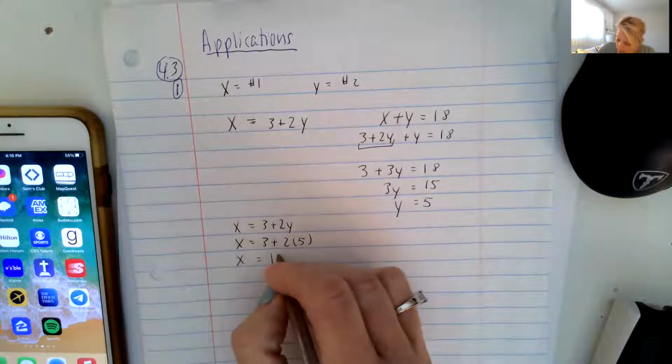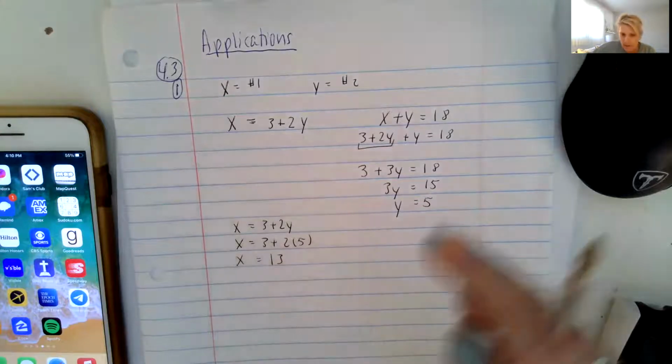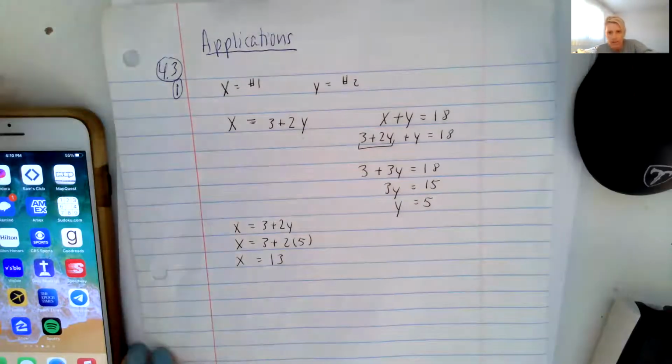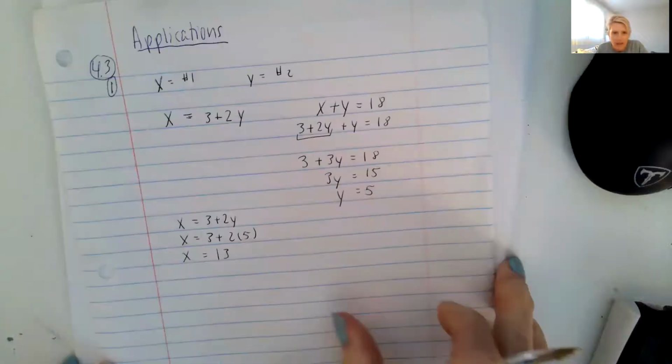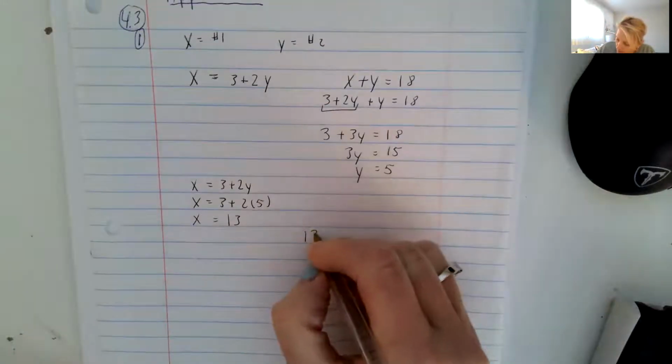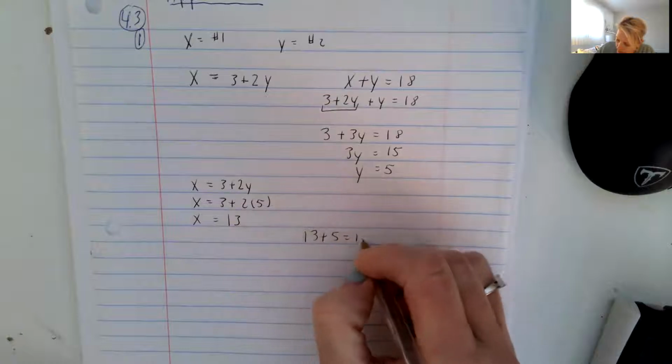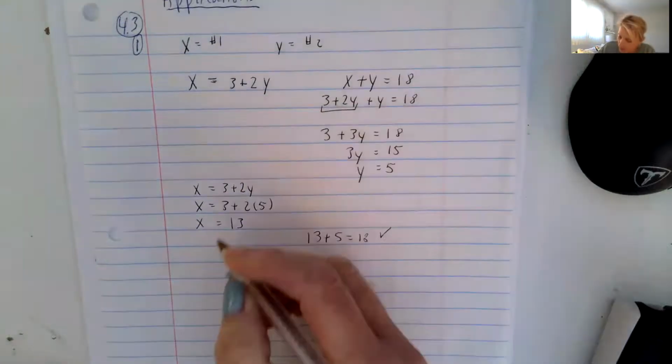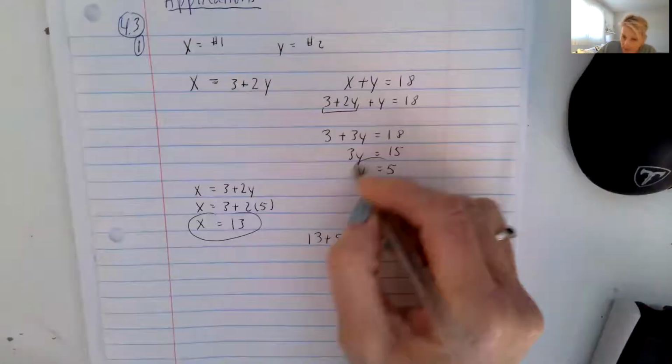So it says 13. And then we're going to check that. Do 13 plus 5 equals 18. So yes. So my two numbers are 13 and 5.